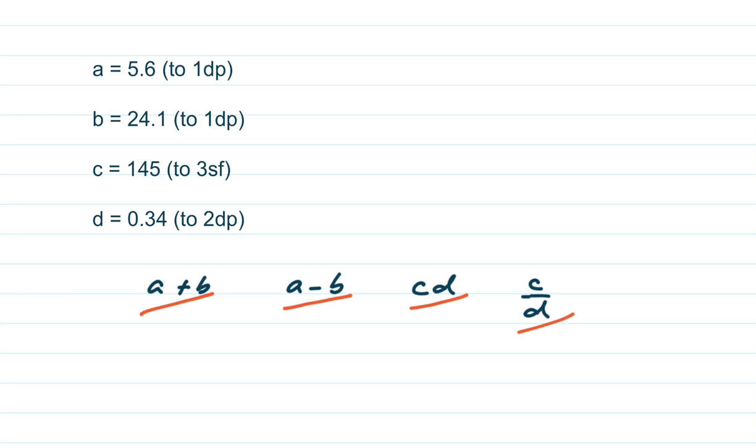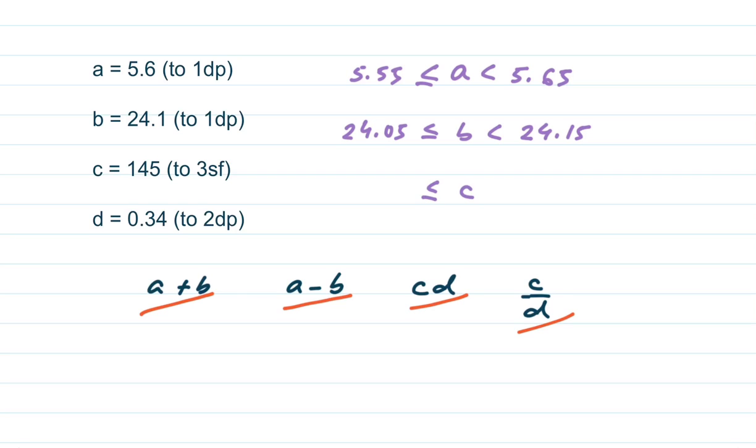Before we begin, let's quickly find the lower and upper bounds for A, which are 5.55 and 5.65. For B, it's 24.05 and 24.15.